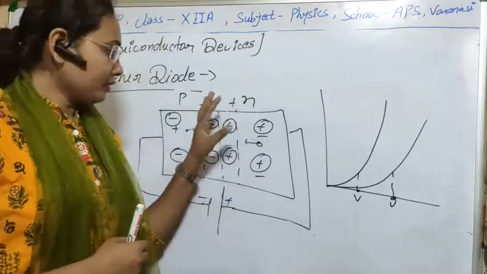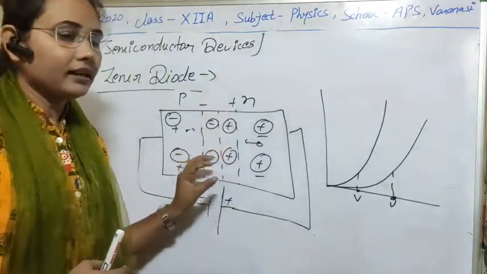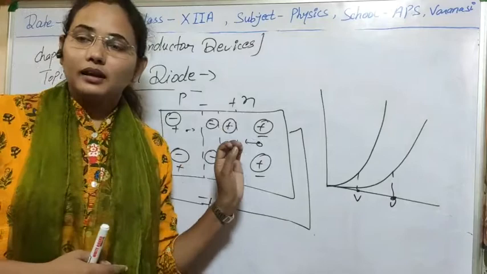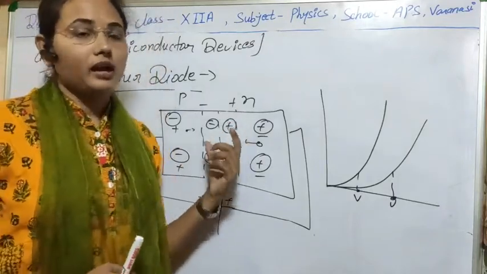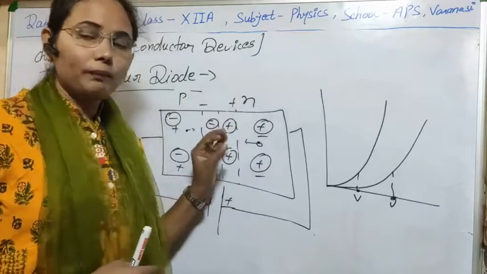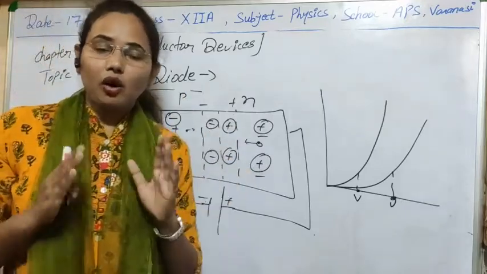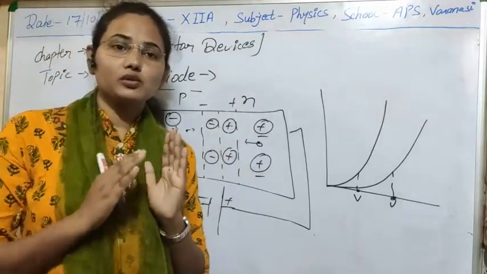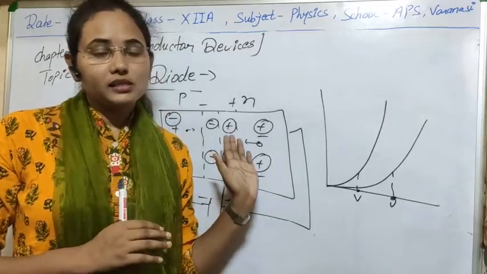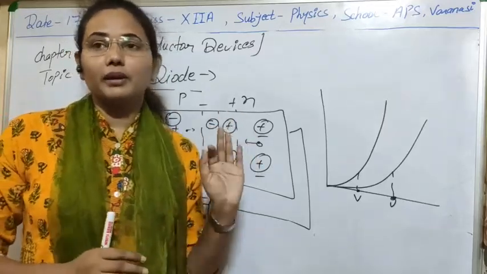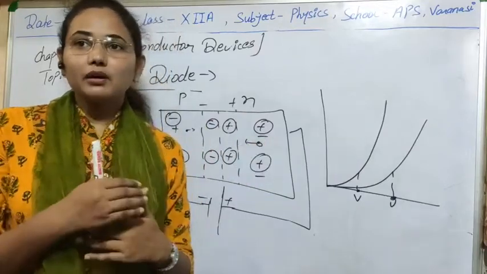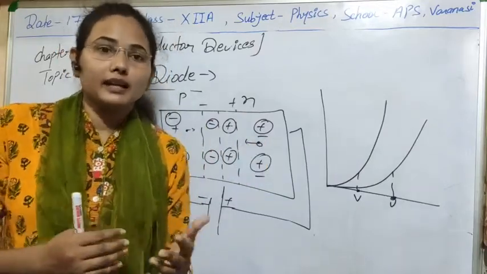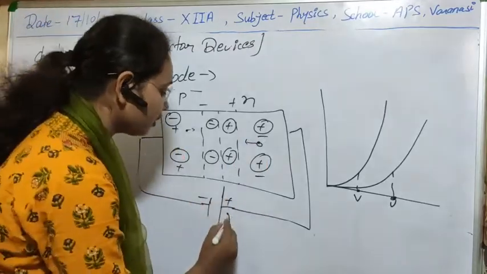As all the covalent bonds here are identical, if they get sufficient energy, they will break down, and as the doping concentration is high, all the bonds break only due to the applied potential, not due to collision, because collision is not possible here. So a large number of electron-hole pairs are produced suddenly at a sufficient application of voltage.